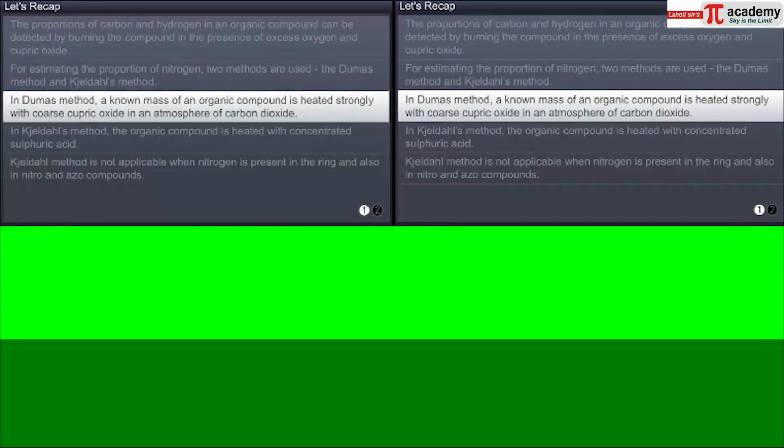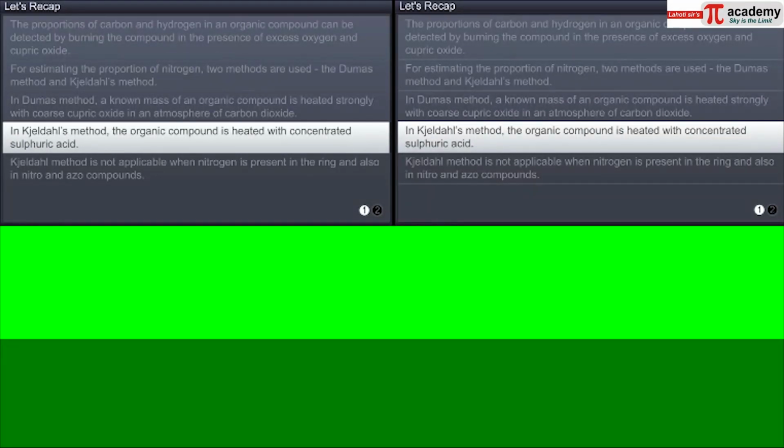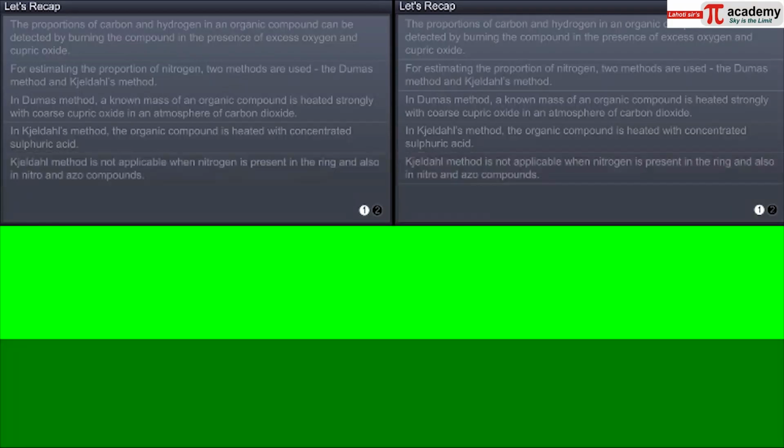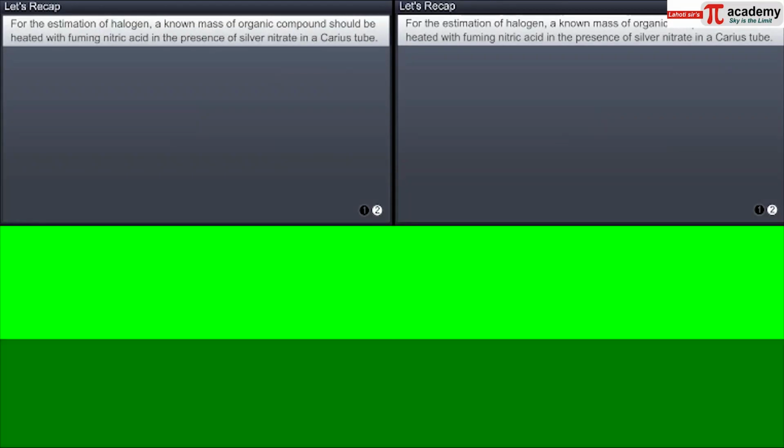In Dumas method, a known mass of an organic compound is heated strongly with coarse cupric oxide in an atmosphere of carbon dioxide. In Kjeldahl's method, the organic compound is heated with concentrated sulfuric acid. Kjeldahl method is not applicable when nitrogen is present in the ring and also in nitro and azo compounds. For the estimation of halogen, a known mass of organic compound should be heated with fuming nitric acid in the presence of silver nitrate in a Carius tube.